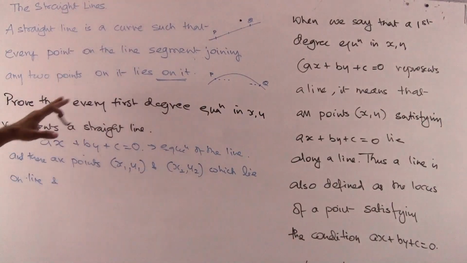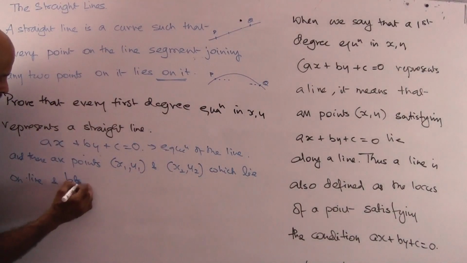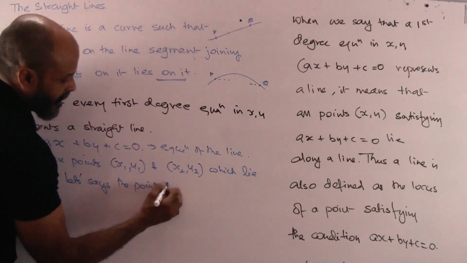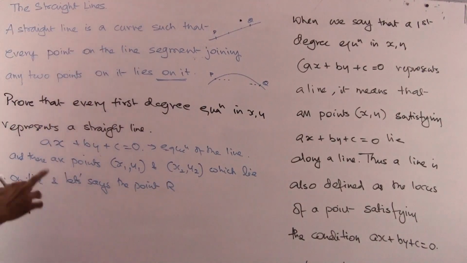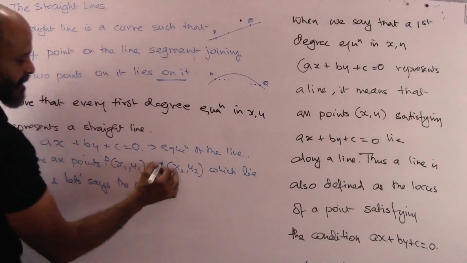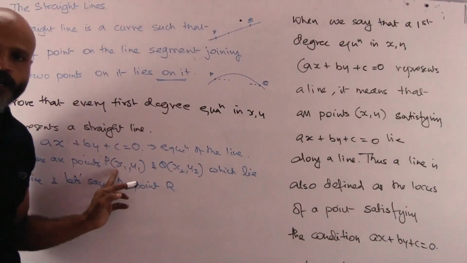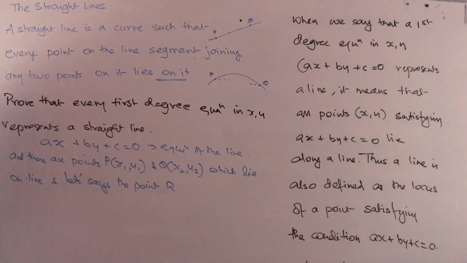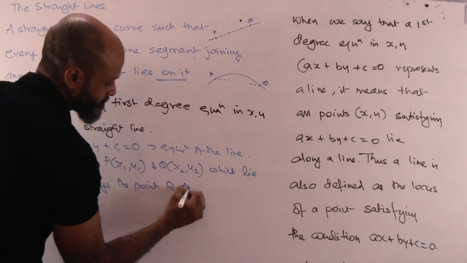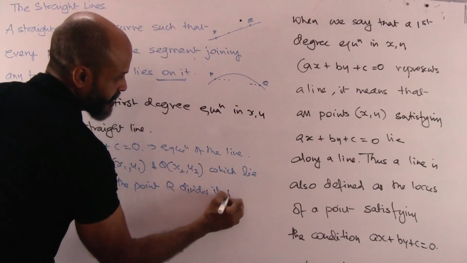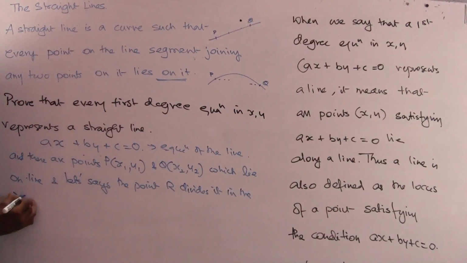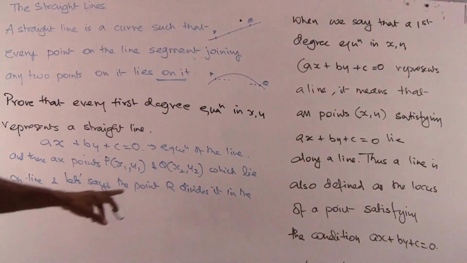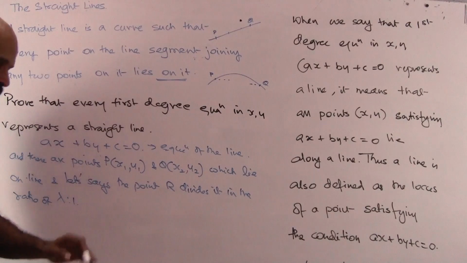Let's say point P is represented by x1 y1, point Q by x2 y2, which lie on the line, and let's say the point R divides PQ in the ratio of lambda is to 1.